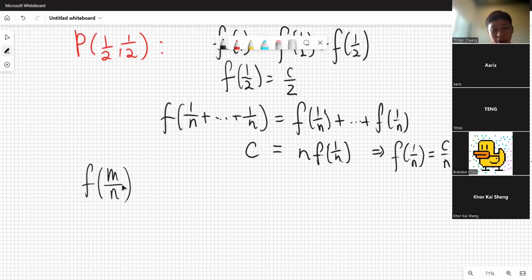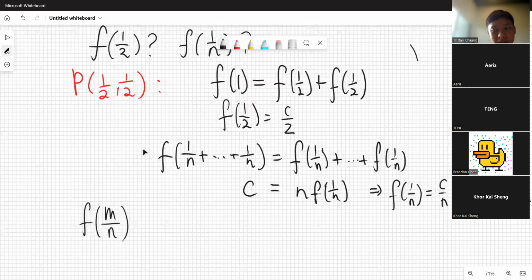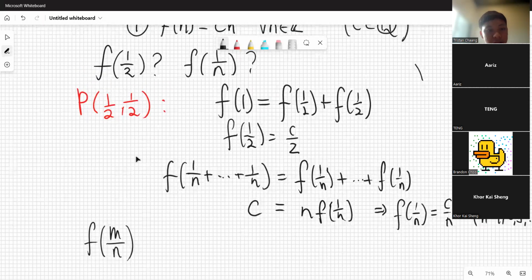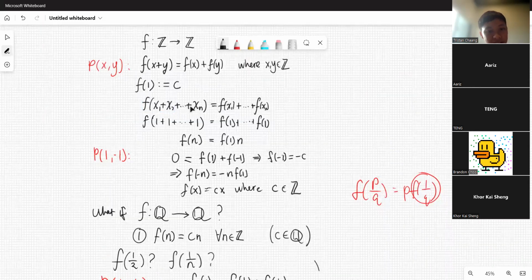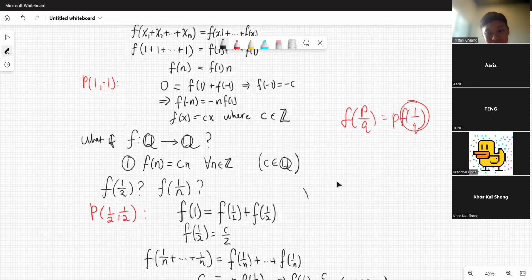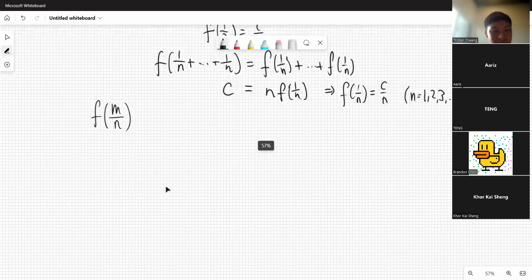So f(m/n), let's say m is positive. Now we can utilize this generalized form again, because we now know what f(1/n) is. And this equation tells us we can just repeatedly plug in 1/n, let's say m times. So we can get f(m/n) easily.